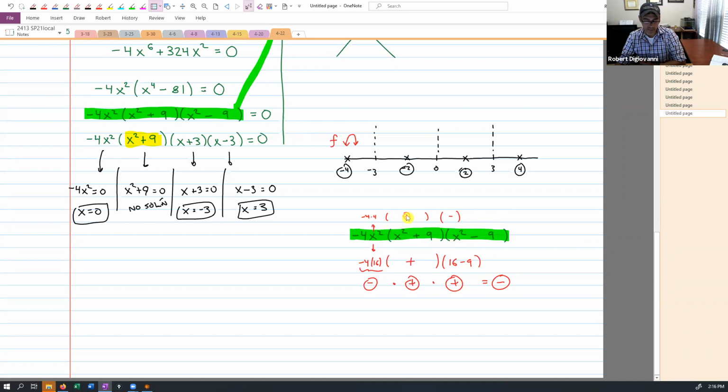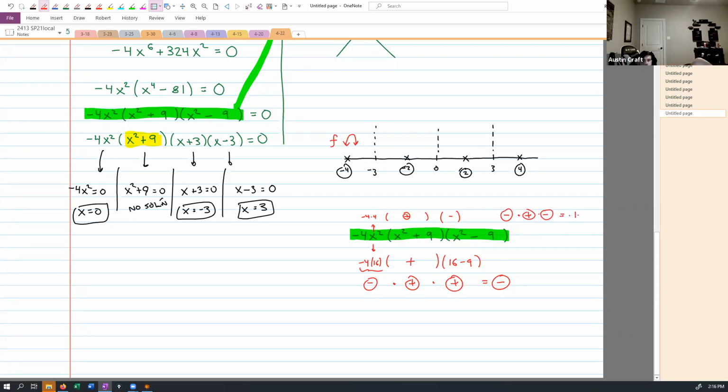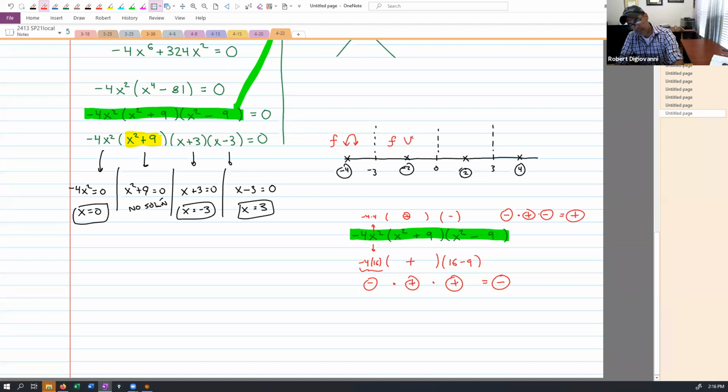So I have negative, positive, negative, which gives me positive. So this means we're concave up. And if you plug in 2, I'm not going to go through the work, but you'll actually get concave up again. And if you plug in 4, you'll get concave down.